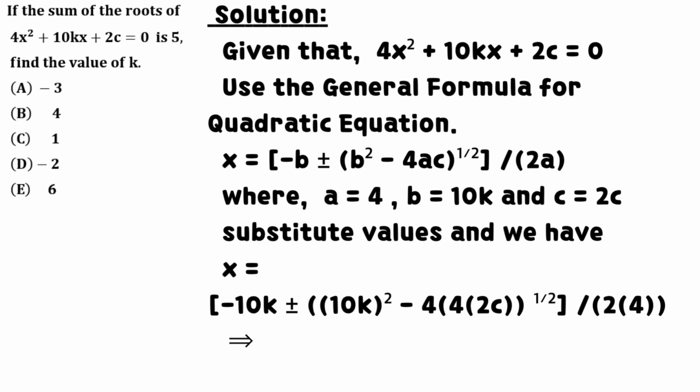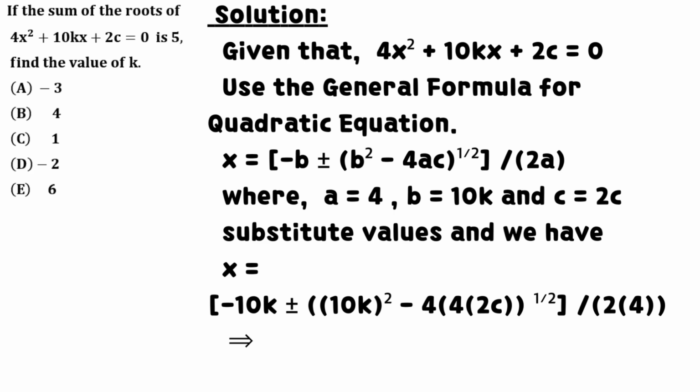Substitute these values and we have that x equals negative 10 times k plus or minus the square root of the square of 10 times k minus the product of 4 times 2 times c, all divided by 2 times 4.